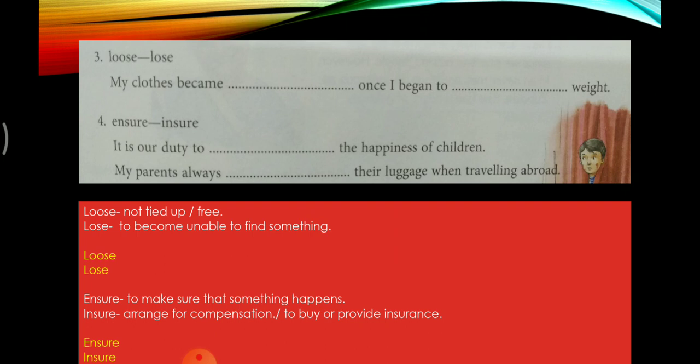Now, the sentence is, it is our duty to ensure the happiness of children. Yes, we always want you to be happy, right? So, we ensure the happiness of the children. It is E-N-S-U-R-E, ensure.